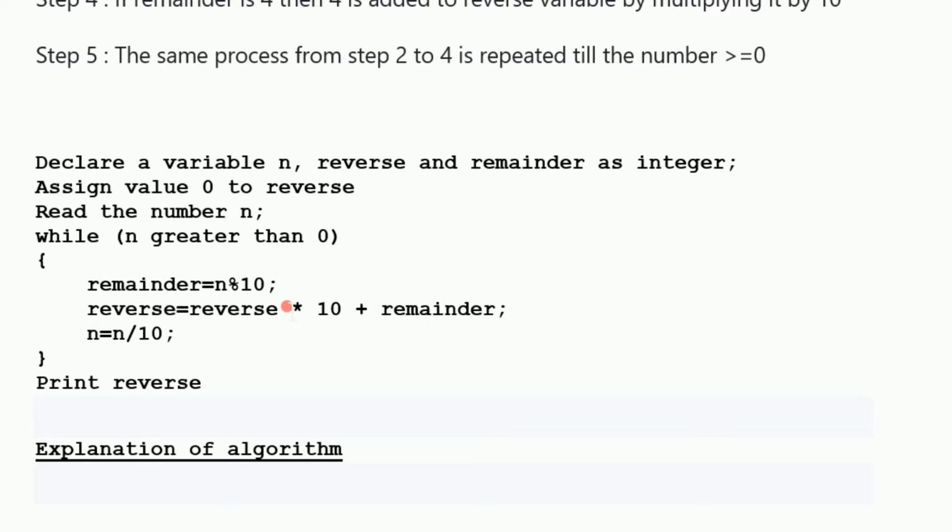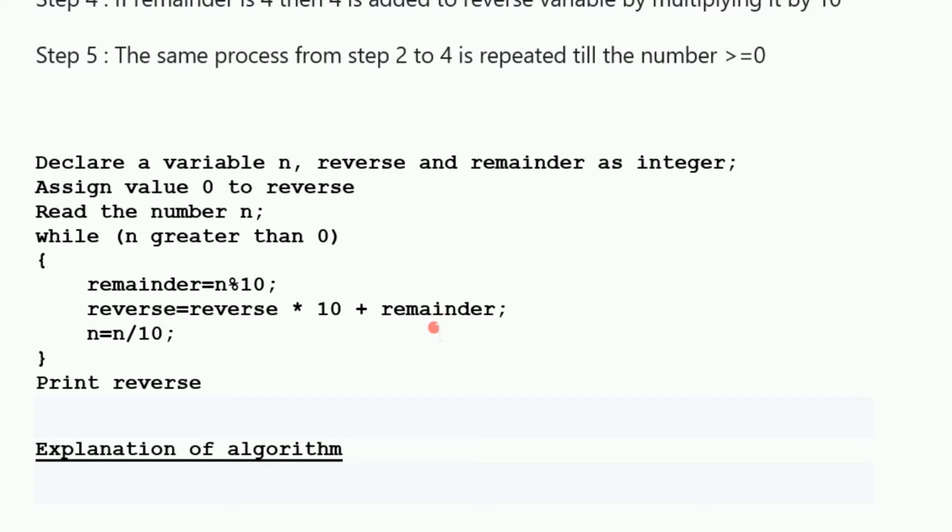remainder is equal to n mod 10. Then, as in the above example 1 2 3 4, the 4 will be extracted. Then reverse equal to reverse into 10 plus remainder. Reverse is 0 in the beginning, so 0 into 10 is 0, so the first time it just keeps the remainder.